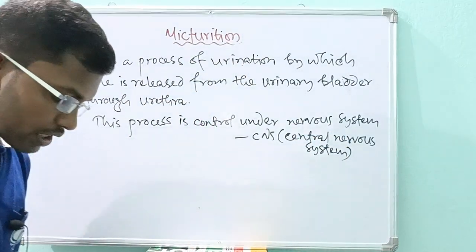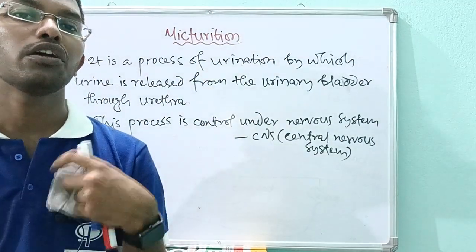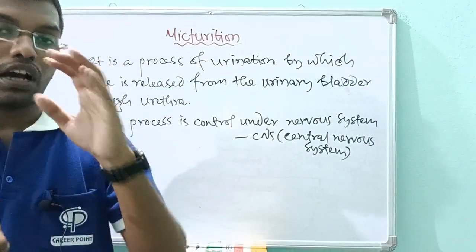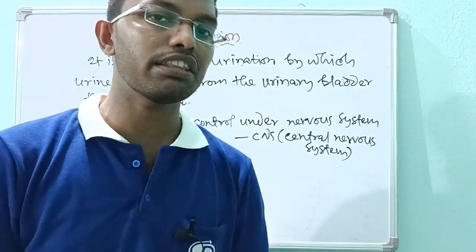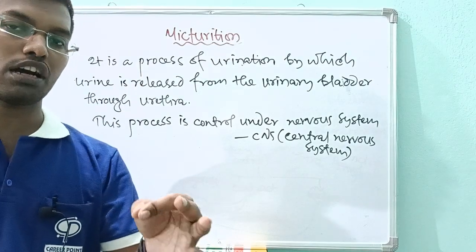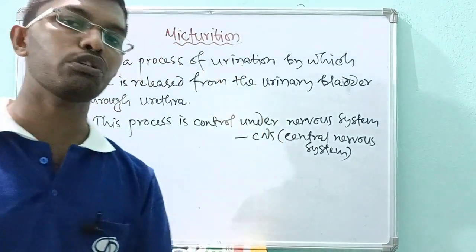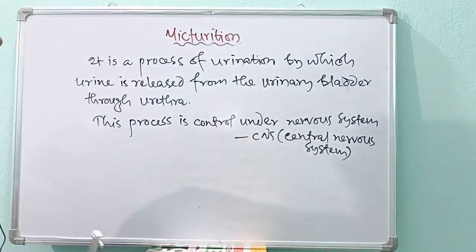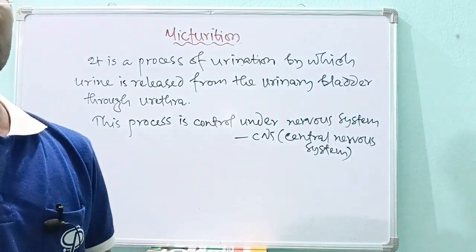So what is micturition? Micturition is a process of urination by which the urine which is temporarily stored inside the urinary bladder is released from the urinary bladder to the outside of the body through the urethra. It is controlled under the nervous system.